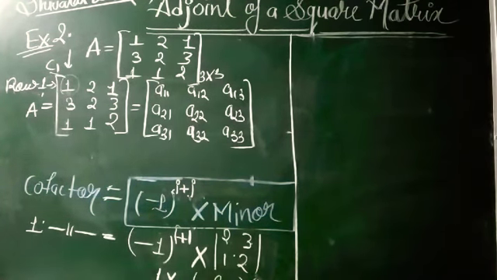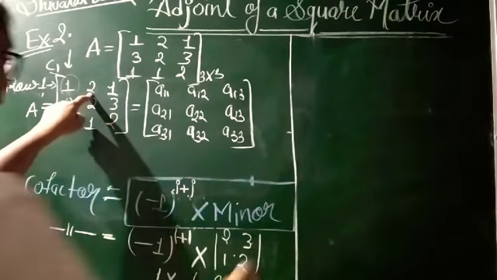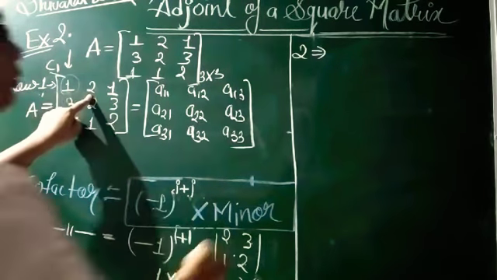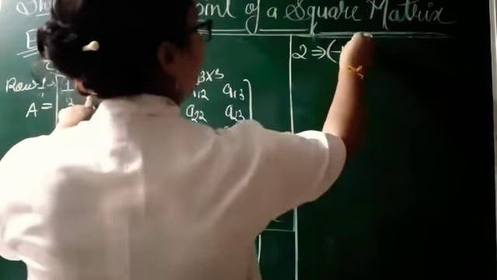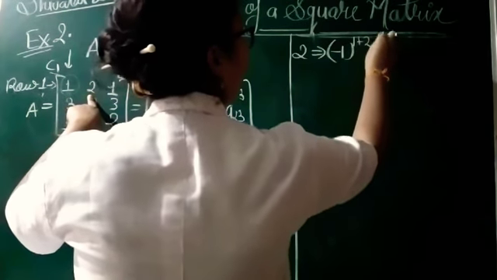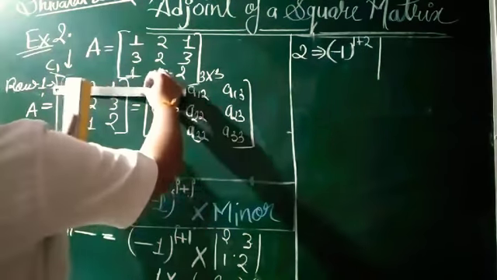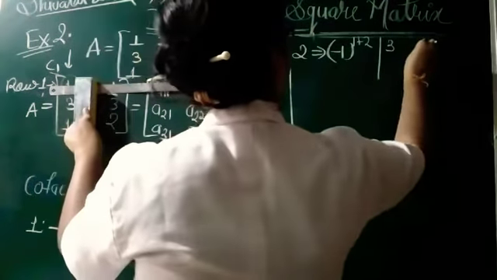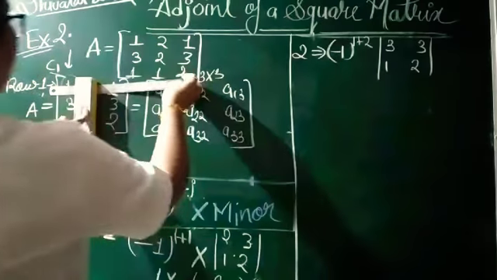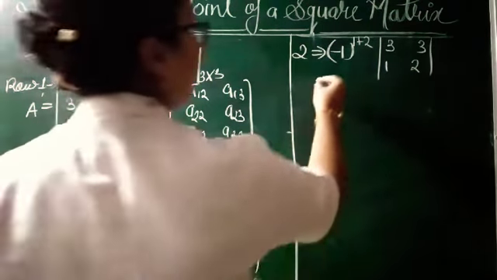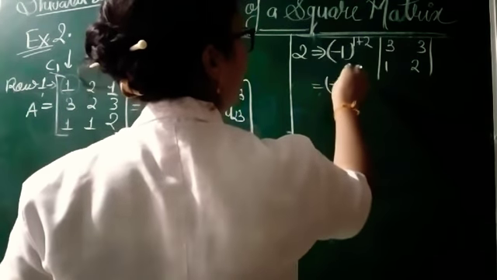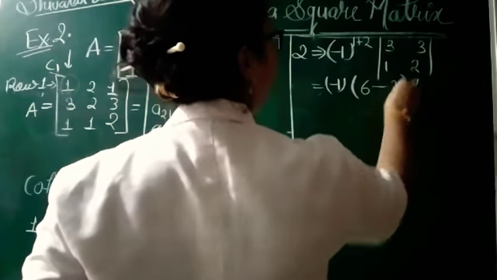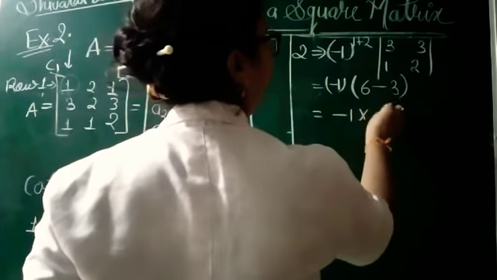Okay, now next element, this cofactor of 2. You see cofactor of 2 is minus 1 to the power 1 plus 2 into minor. Minor, that means 3 2, 3, 3, 1, 3. You see here minus 1 to the power 3. Then it will become minus, and 3 2s are 6 minus 3. That means minus 1 multiply 3.